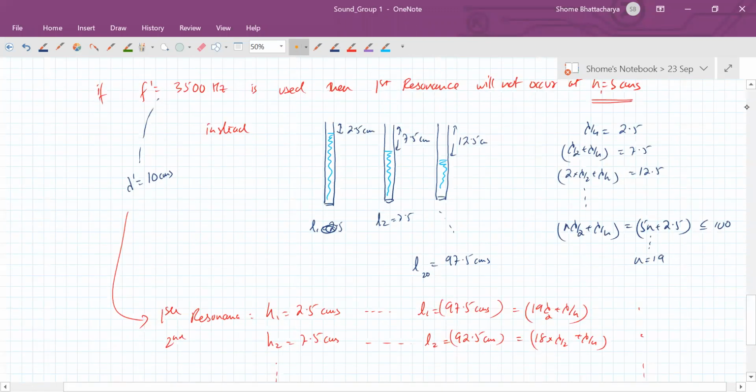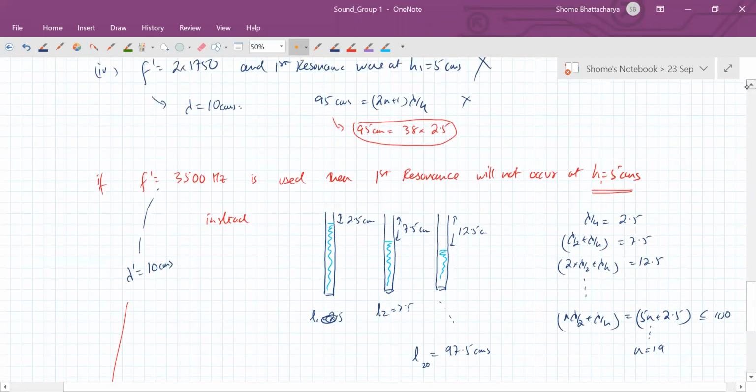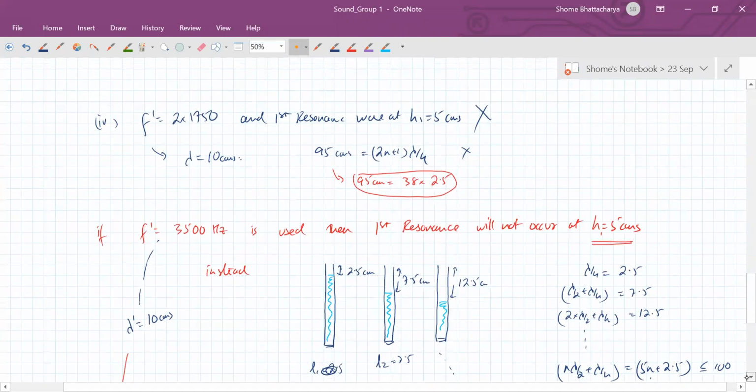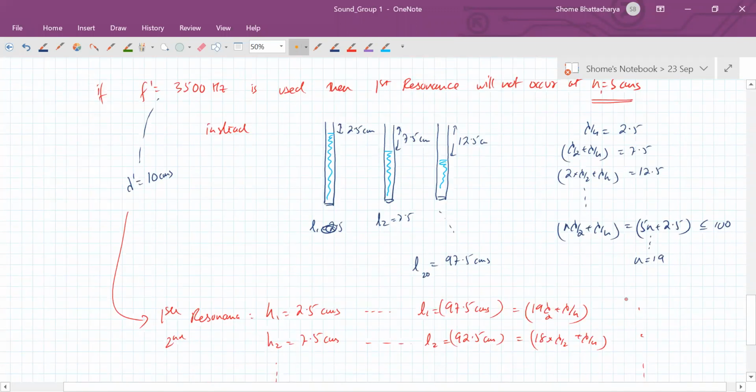So it depends on what the question is asking. The question is asking whether this scenario is possible, that the first resonance is at 5 centimeters and we are getting a resonant series. That is not possible for a frequency of 3500 hertz. But a different series is possible, and that different series is this.